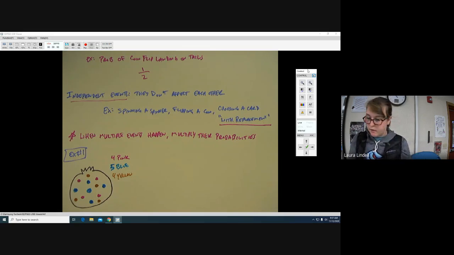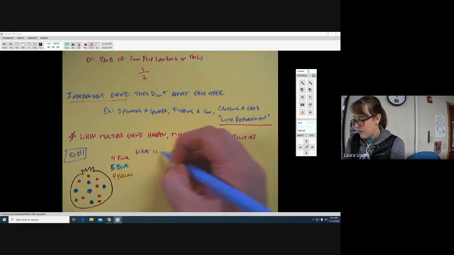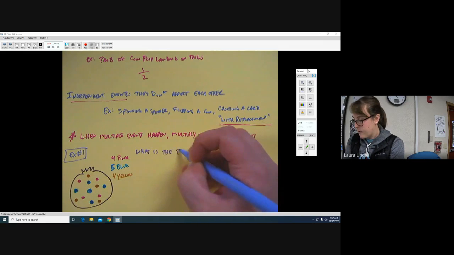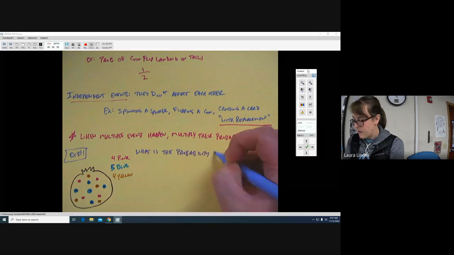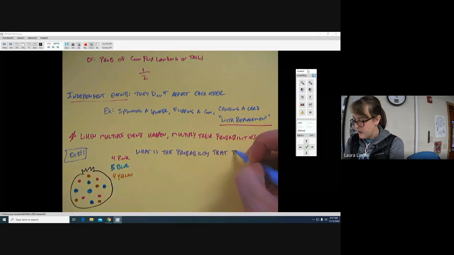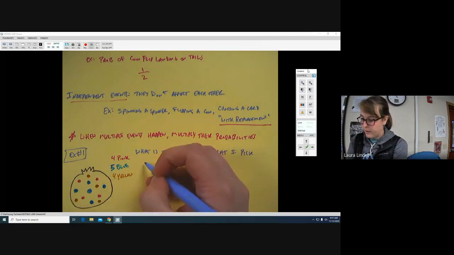And we want to know the probability that I pick a pink one and then a yellow one with replacement.